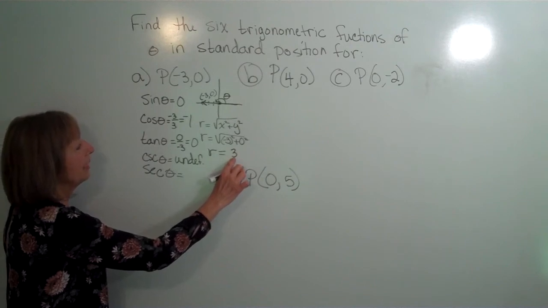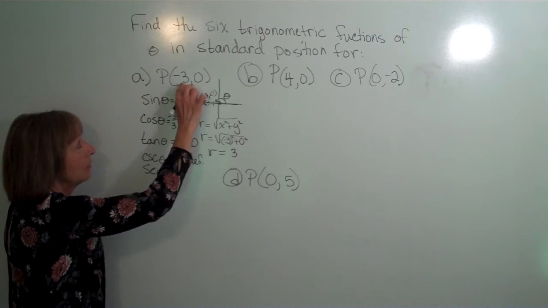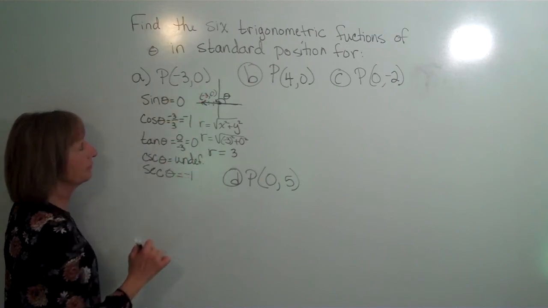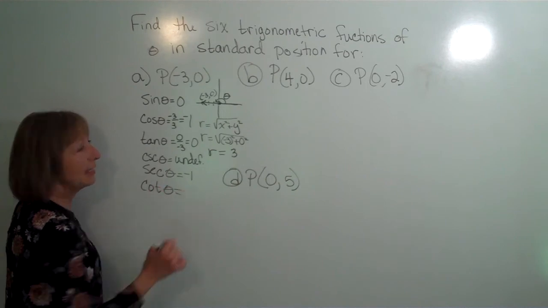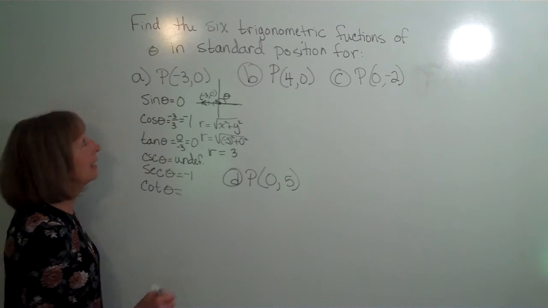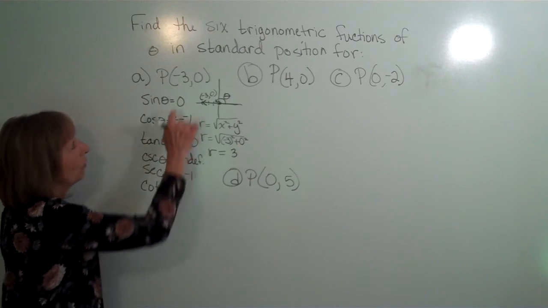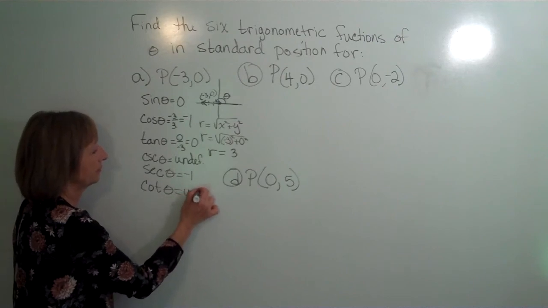So 3 divided by -3 is going to give me a -1. And then the cotangent of theta is x over y, and -3 divided by 0 is undefined.